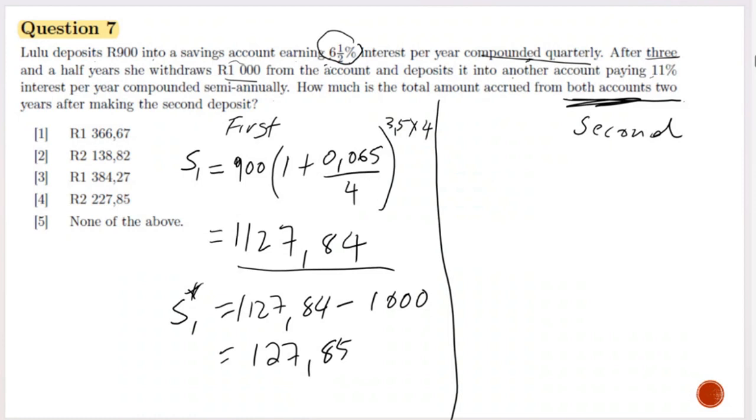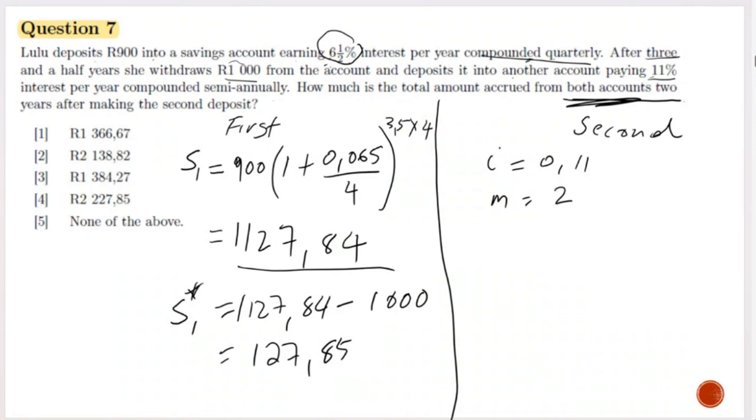And then what does she do? She opens another account, and the interest rate on this account is 11%, compounding semi-annually.